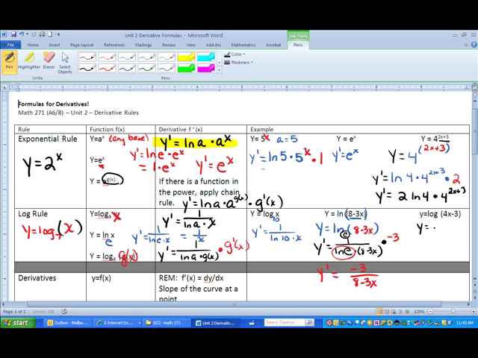Alright, so here we have a log, and because there's no base, it's base 10, but we're taking the log of something. So we have to do the chain rule.